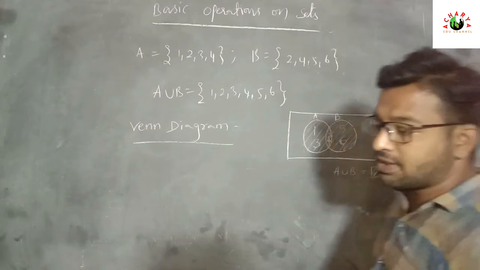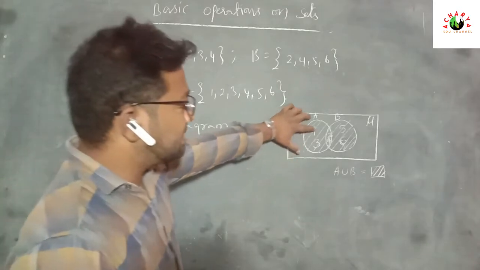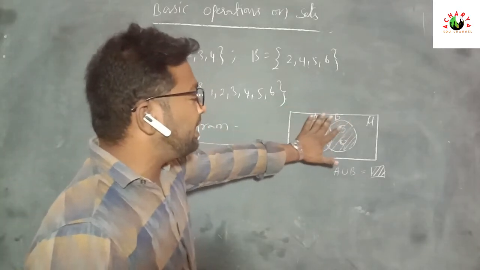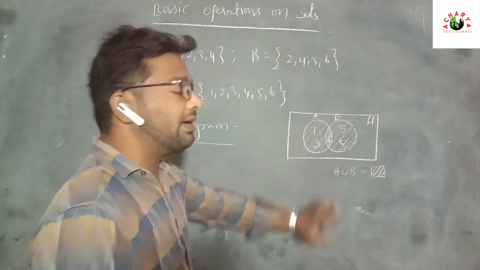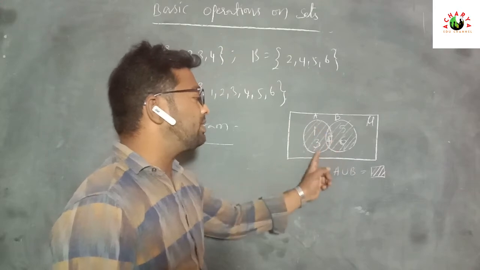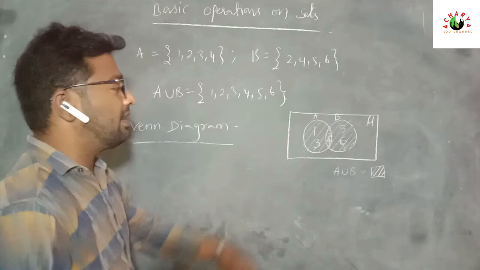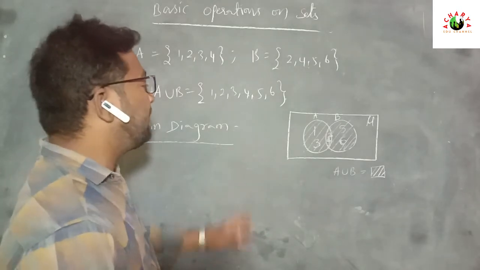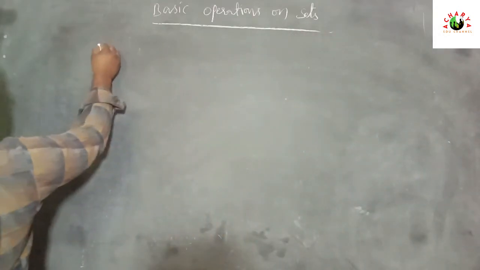The elements in the shaded part represent A union B. So here A union B is equal to {1, 2, 3, 4, 5, 6}. This is the Venn diagram of A union B. Okay, next. The next operation is intersection.